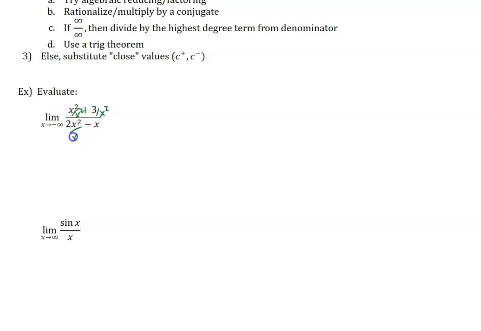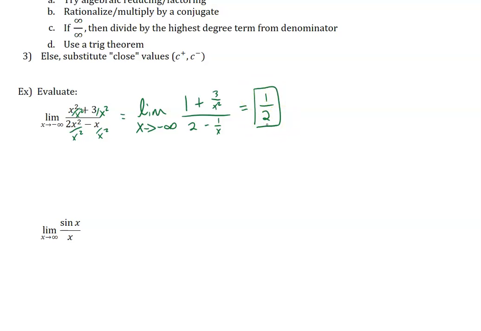So dividing everything by x squared, keeping my limit notation because I still have x's, oh, negative infinity, not positive, I have 1 plus 3 over x squared all over 2 minus 1 over x. Plugging in negative infinity, I get 1 plus something that approaches 0 over 2 minus something that approaches 0, which is 1 over 2.